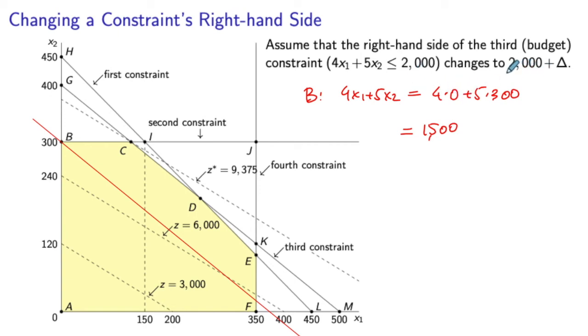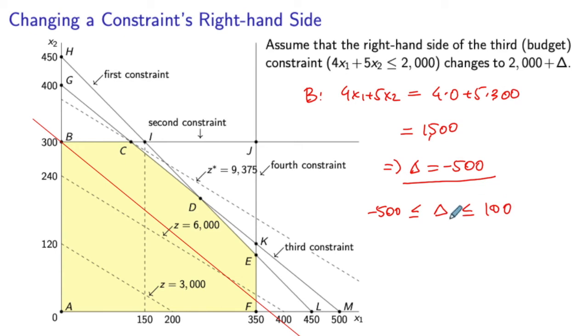This corresponds to the value of delta equal to negative 500, right? Because 1500 minus 2000 gives us negative 500. So delta is negative 500, and this is the lowest possible delta, such that when we change the right hand side by that value of delta, the optimal basis still remains the same.